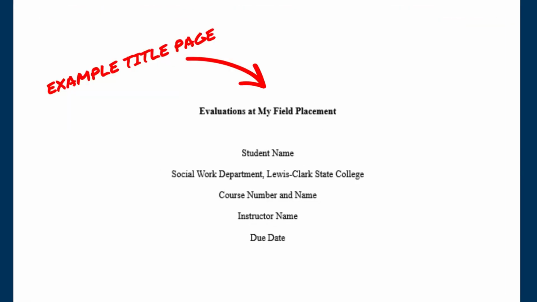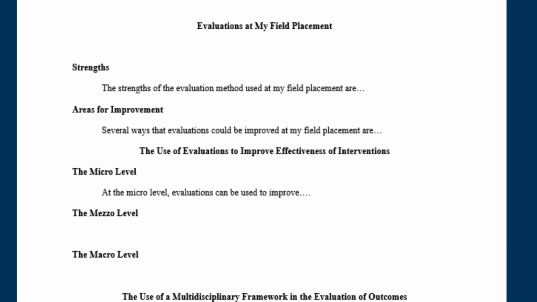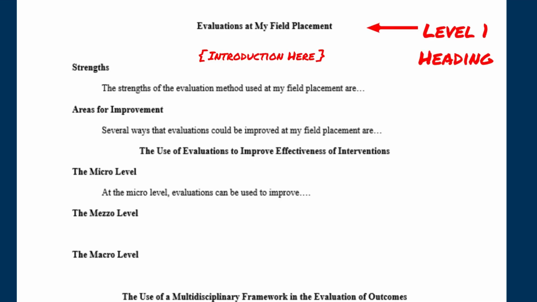But then I'm going to put that title on the top, and I'm going to have my introduction to the assignment. Then I noticed that under that idea of evaluations, the professor wanted to know both what was going well and what wasn't. So I'm going to create a title that says strengths, and then another title that says areas for improvement. Those are going to be level 2 headings under that main heading.